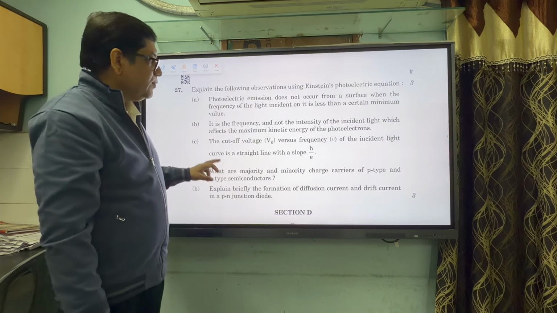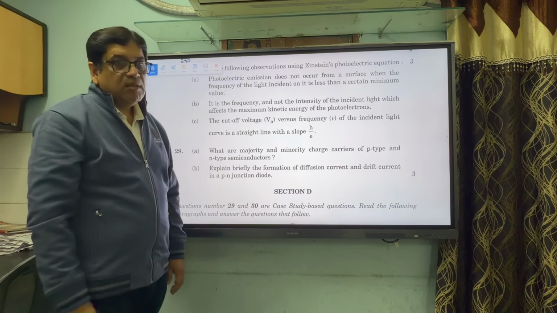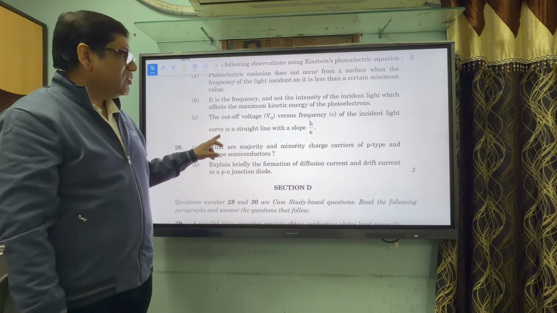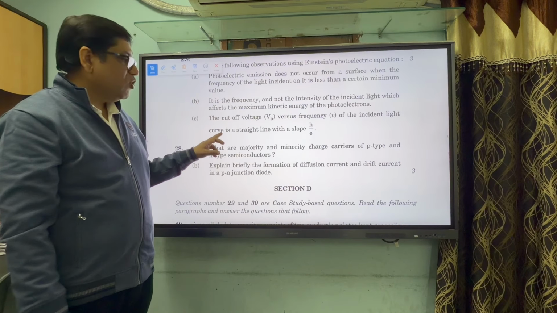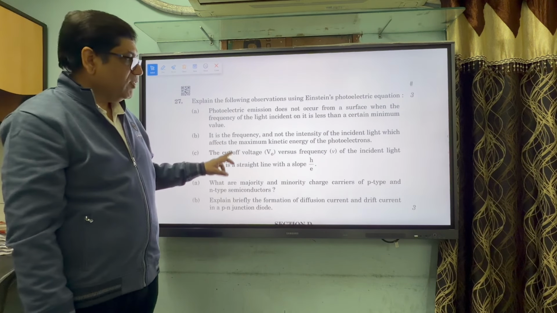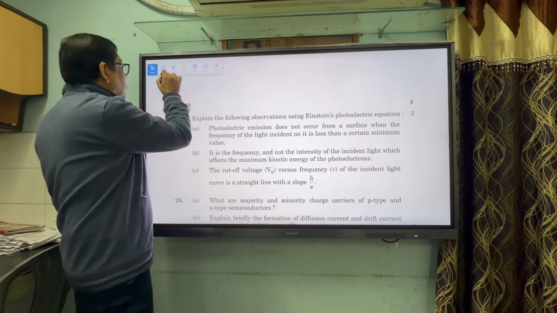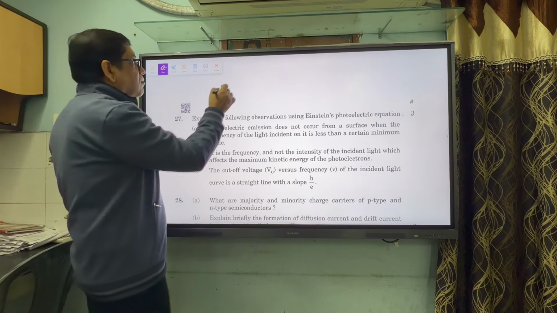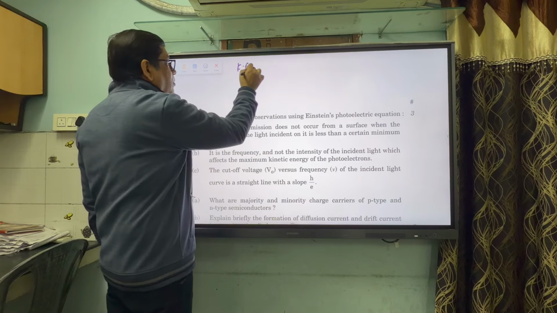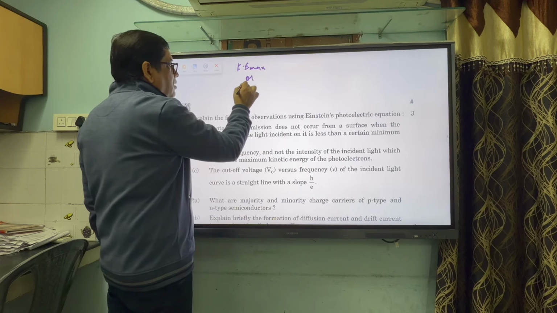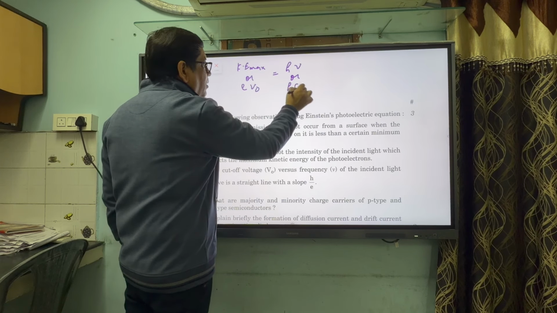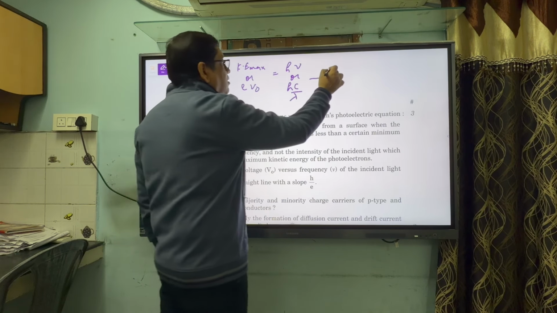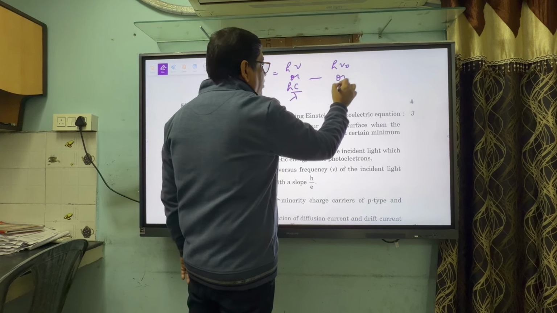C part. The cutoff voltage versus frequency graph is a straight line with slope equal to h by e. Okay. Einstein photoelectric equation is kinetic energy maximum, or e V naught, is equal to h nu, or energy, minus h nu naught, or work function.